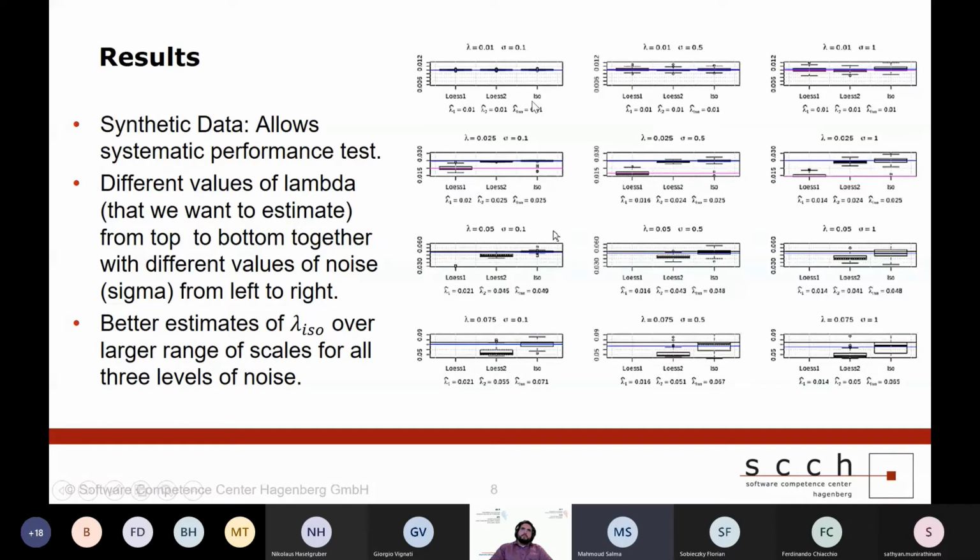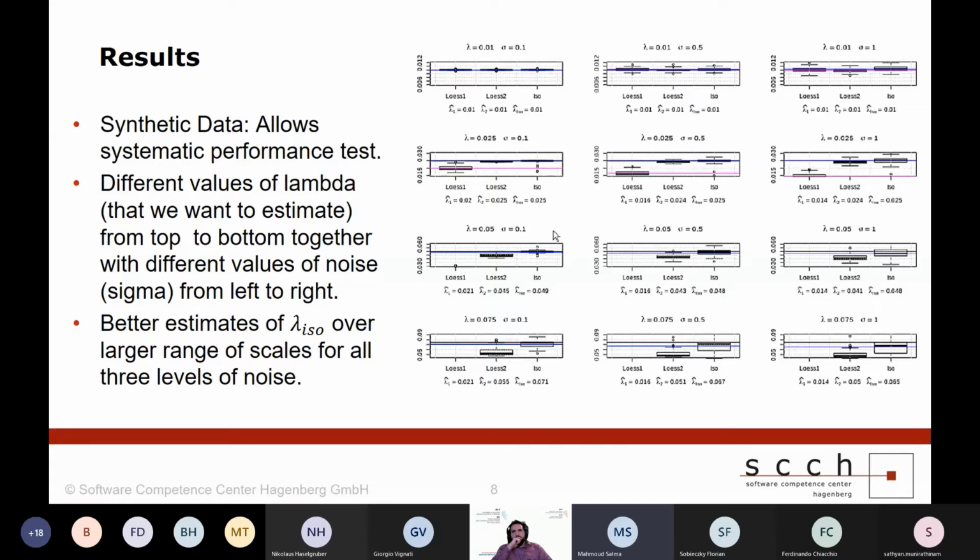We can see, for example, in the first upper left plot, the estimation for lambda, which is 0.01. All of the algorithms can determine this well. And then as we go downwards, for example, at the last plot on the left, we start to see that the first method doesn't even apply at all, and the second method is not so good, or at least worse than our method.